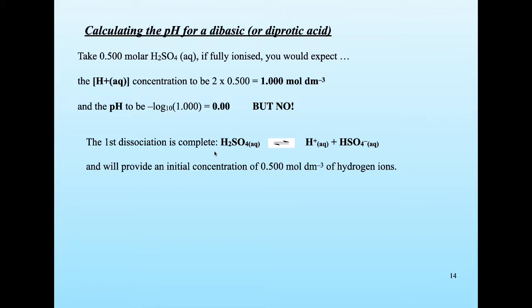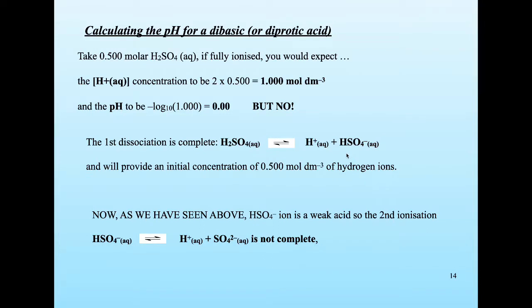The first dissociation is complete, as given there, and this will provide 0.5 moles per decimeter cubed of the hydrogen ions, won't it? Okay, this is complete. If we start with 0.5 mole per decimeter cubed of this, then we're going to get 0.5 mole per decimeter cubed of this and of this. Great. The second ionization is not complete.